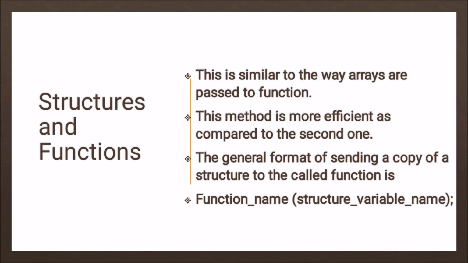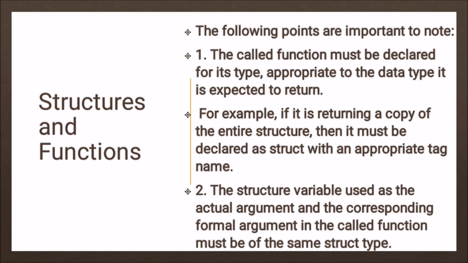This is similar to the way arrays are passed to functions. This method is more efficient as compared to the second one. The general format of sending a copy of a structure to the called function is the function name and the structure variable name. Now the following points are important to note.